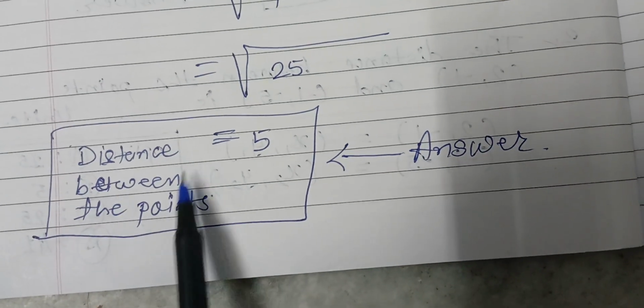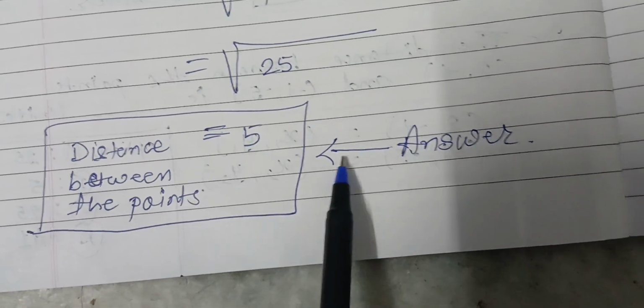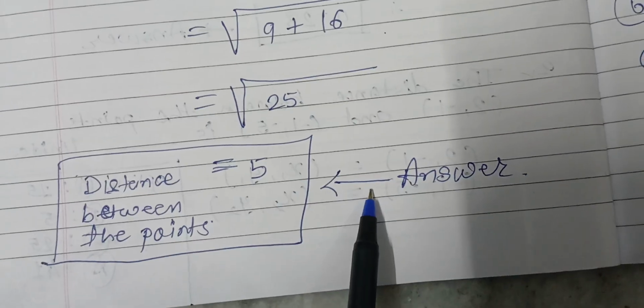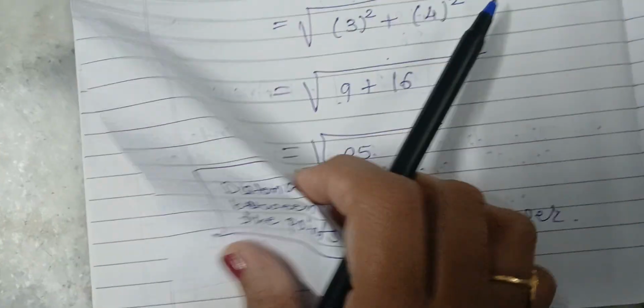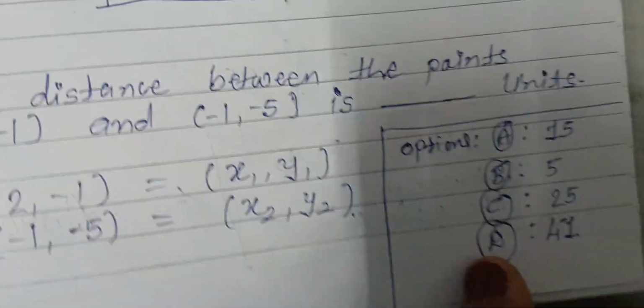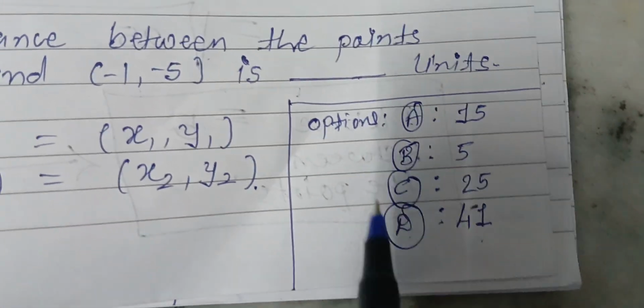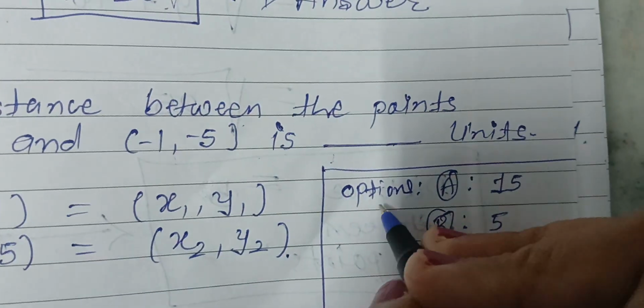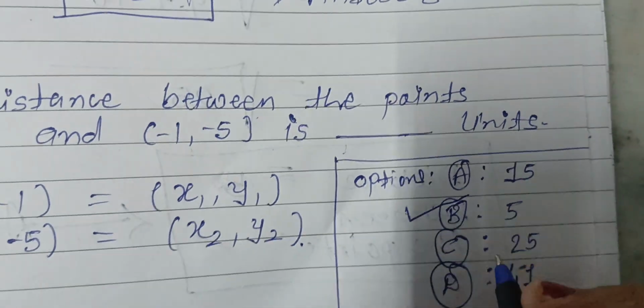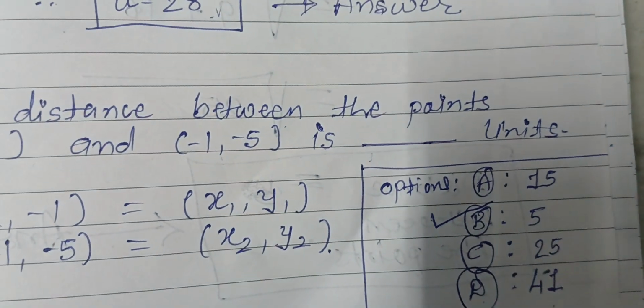So the distance between the 2 points is 5. This is our answer. Looking at the options 15, 5, 25 or 41, B is our correct option.